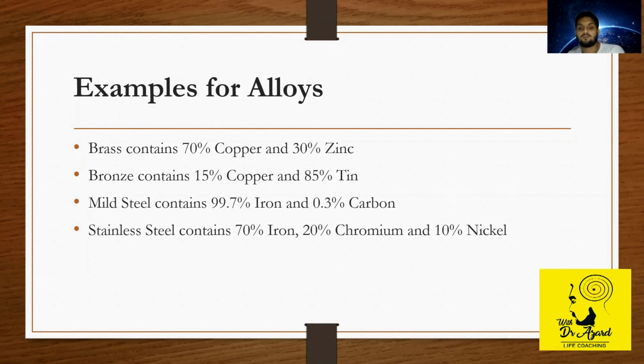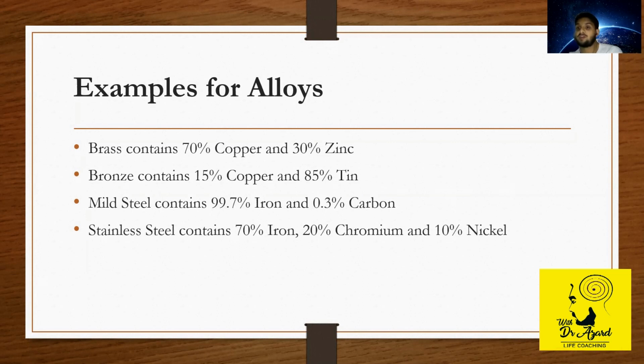All right. So with that, we come to the end of this video. In this video, we discussed the extraction techniques, how elements from potassium to aluminium can be extracted, from carbon to zinc, and also from copper to gold.